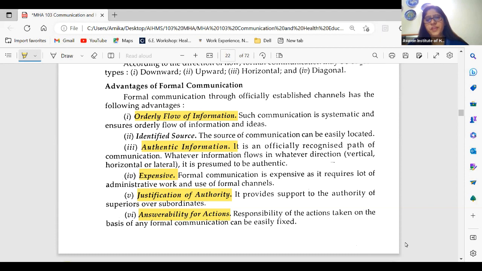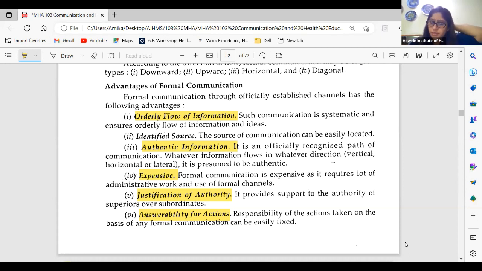Then these are expensive, because a lot of channels and methods are used. For example, if in an office setup we are using mail, infrastructure is required, so it is expensive. Whereas in informal communication, people can communicate orally, so there are not many expenses involved.